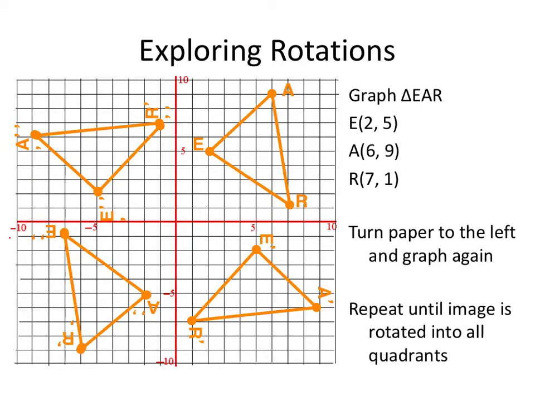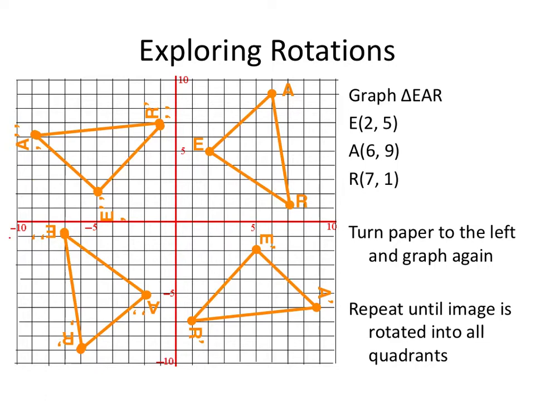Then you turn your paper once to the left or to the right, it doesn't matter, and that's a 90-degree turn. Then pretend like you're still looking at the first quadrant with the next quadrant that's facing you, and graph those points again as if that were the first quadrant, and keep doing that until your image is rotated into all four quadrants. What you would have is a rotation, okay?